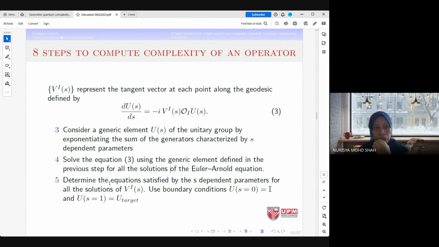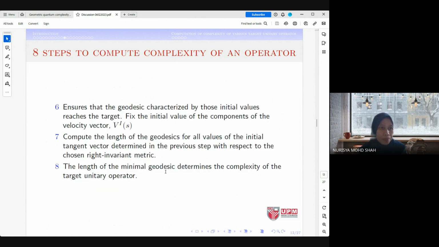Number 5, you can determine the equation satisfied by S-dependent parameters. This is the boundary conditions. So target S, this is a unitary target for S equals to 0 and S equals to 1. Number 6, ensure the geodesics characterized by those initial values reach the target.